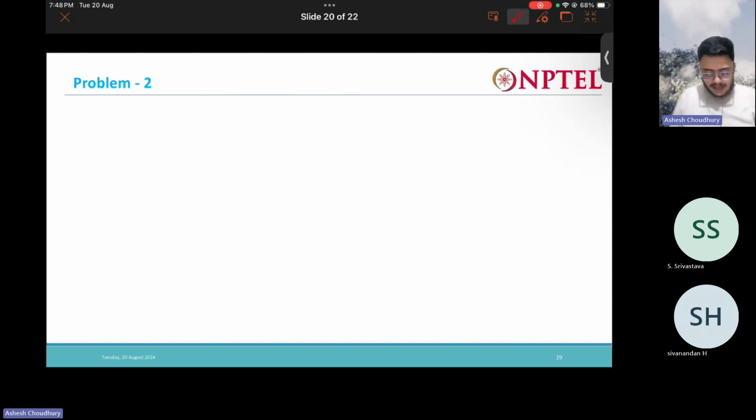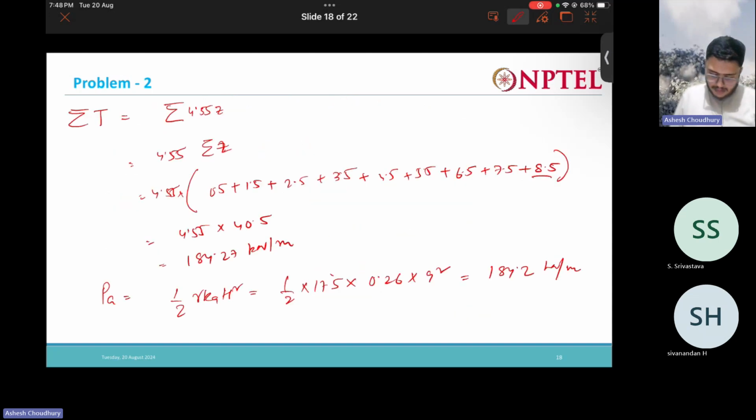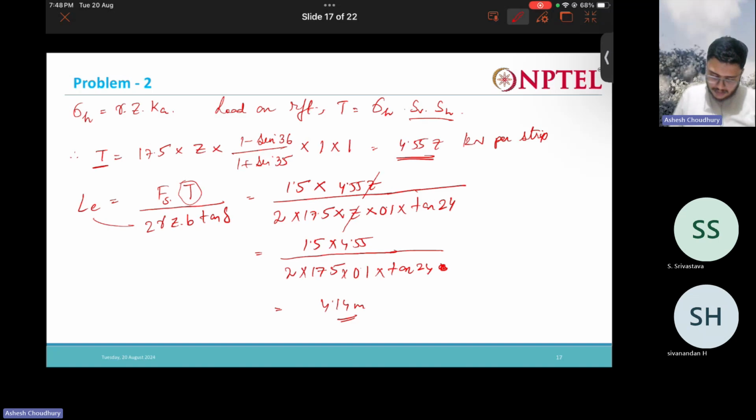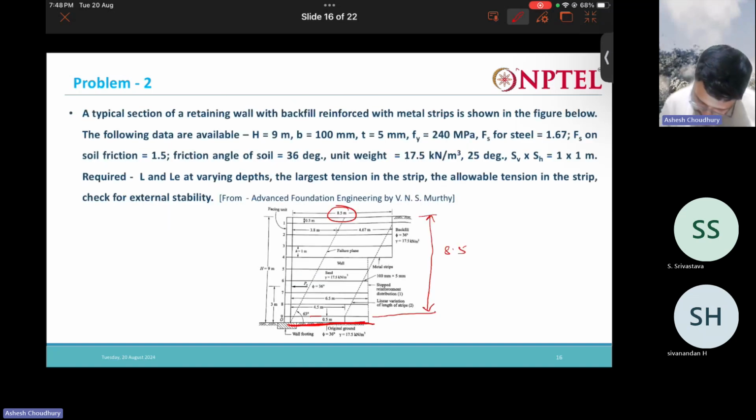So what they have done, they have calculated this one. See, here to here it's 4.5, here to here it's 8.5, right?